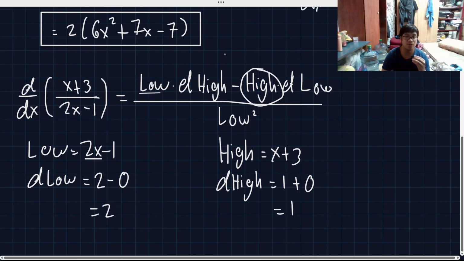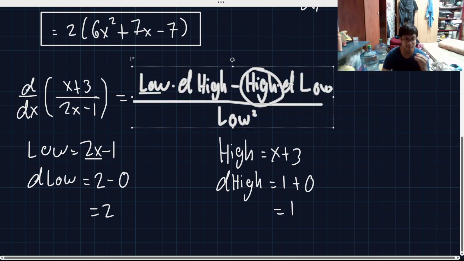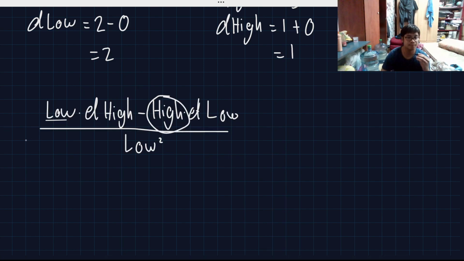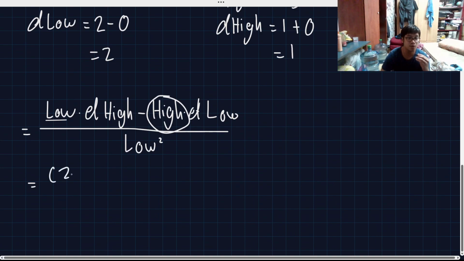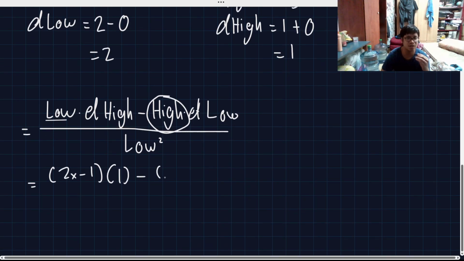Now we're going to substitute our low, high, d low, and d high in this formula. Let me just copy this again and put it here. There we go. Now we're going to substitute. Your low is once again quantity 2x minus 1 times d high, which is 1, minus your high, which is x plus 3, times quantity d low, which is 2.